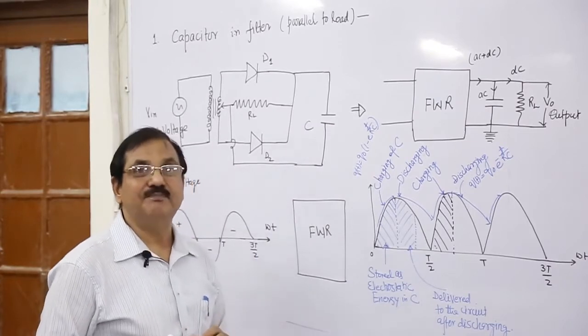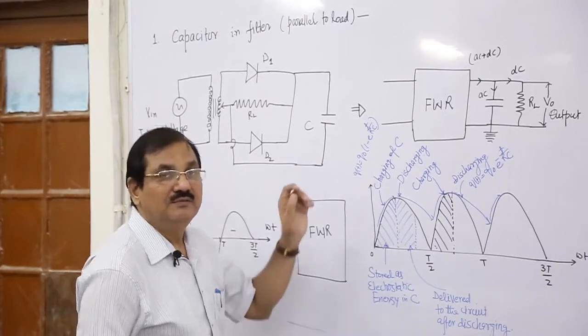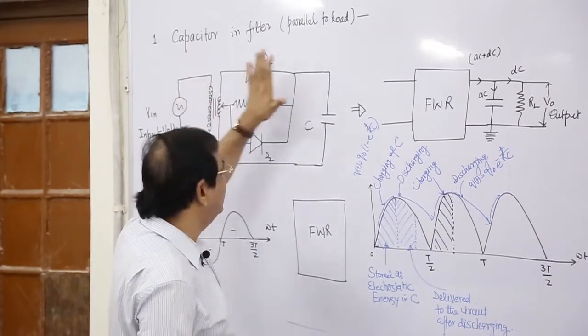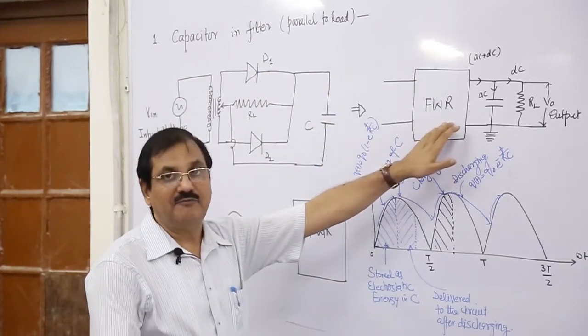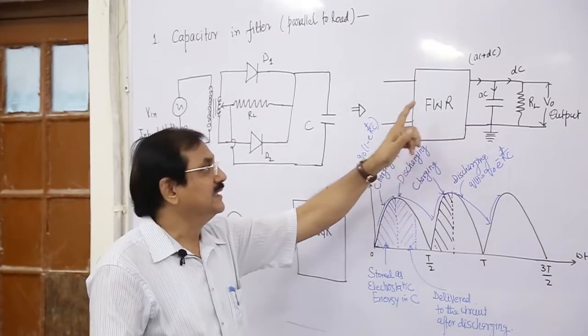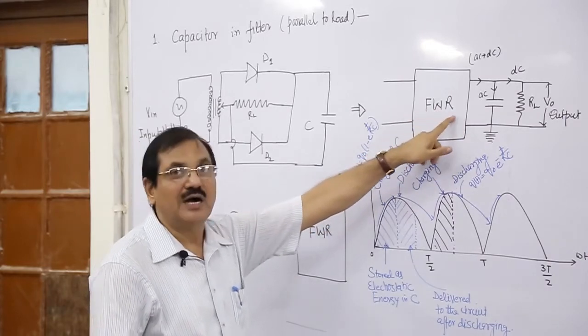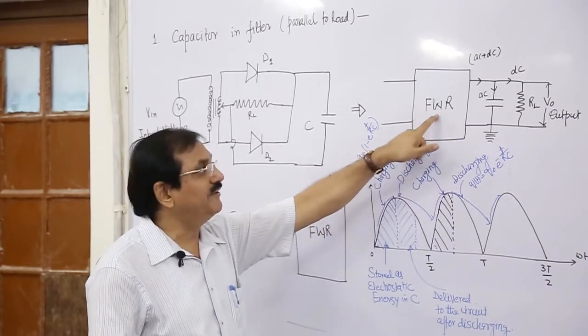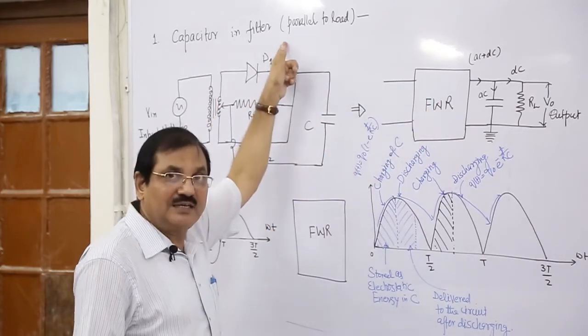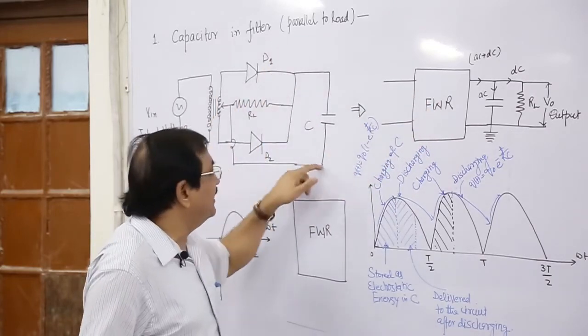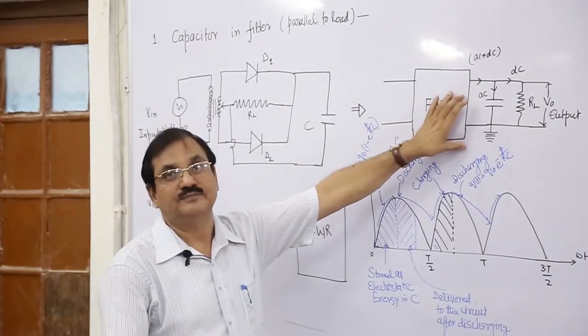For the sake of simplicity, we can draw this circuit in block diagram format as this is the FWR, full wave rectifier circuit. I have enclosed this full wave rectifier circuit in the block.